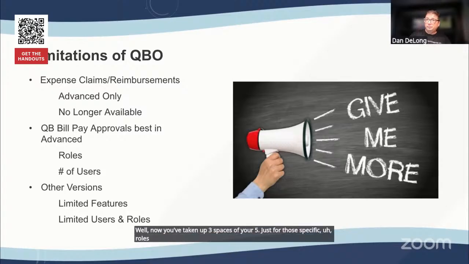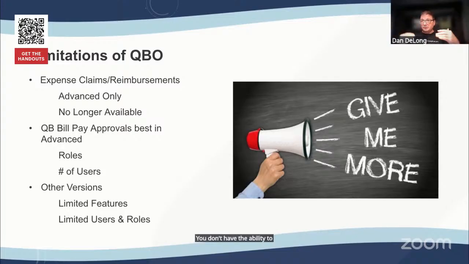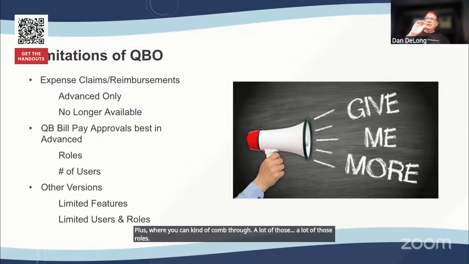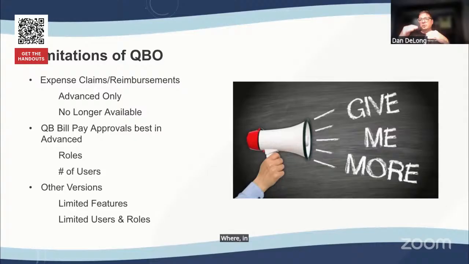And in those roles, you don't have the ability to combine roles and access in QuickBooks Online Plus, where in Advanced you can have a little bit of granularity, allowing certain areas and certain functions within various other roles.